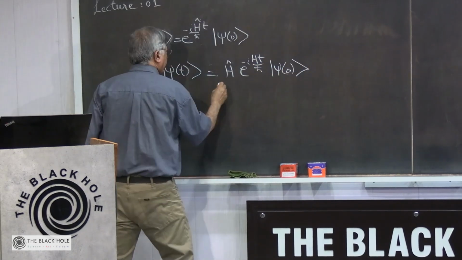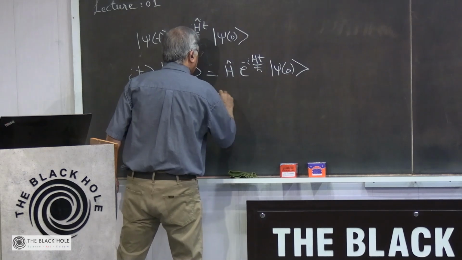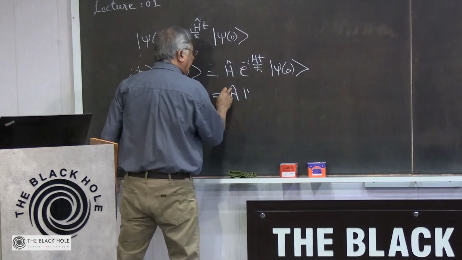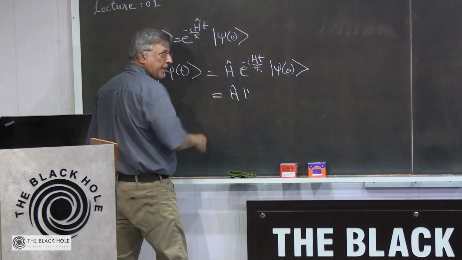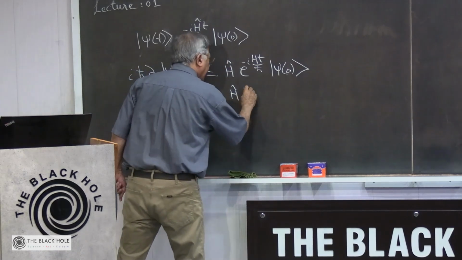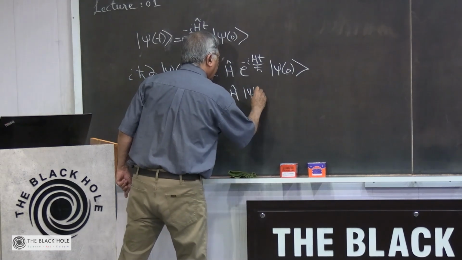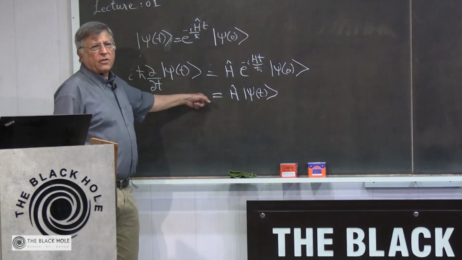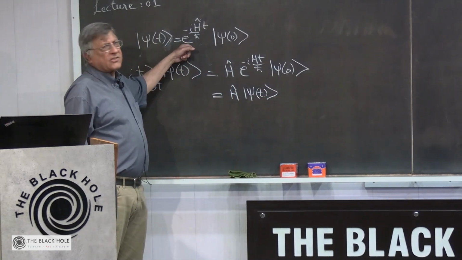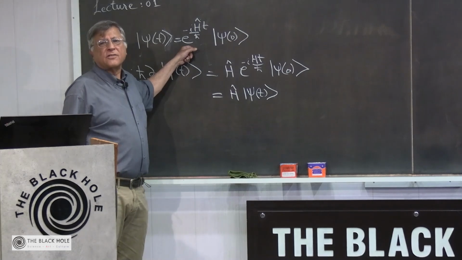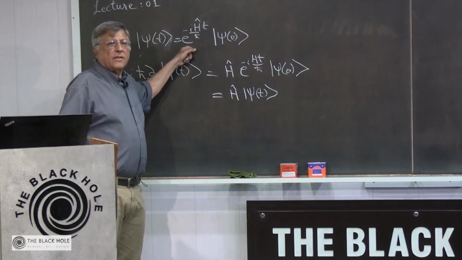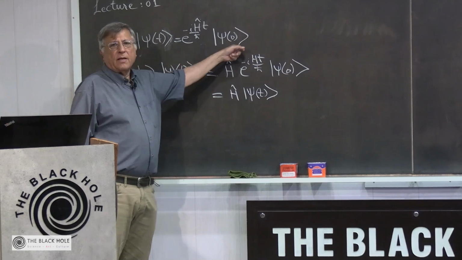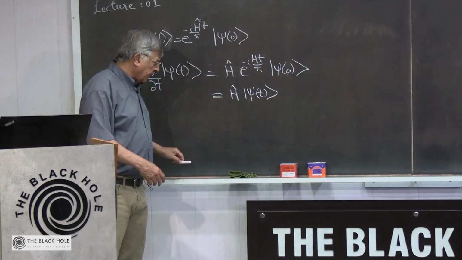And this is just the Hamiltonian operator. That's the Schrodinger equation. And to say that this is the time translation operator is just saying that the Schrodinger equation is obeyed by the states.